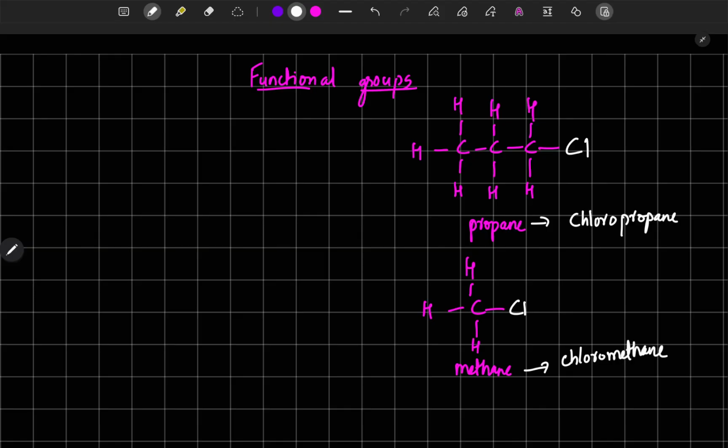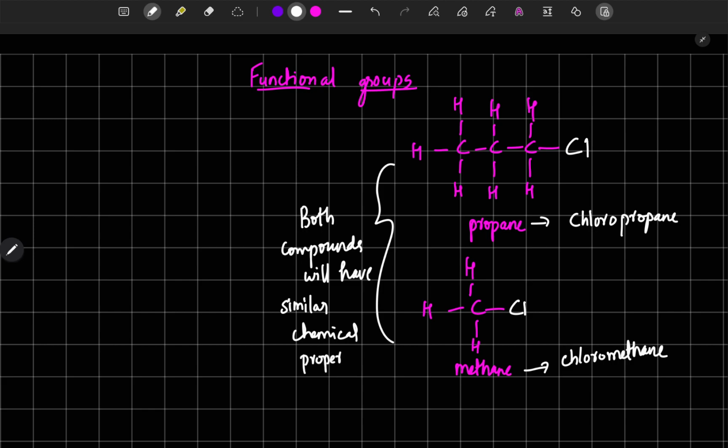So it is chloromethane. Now the speciality of these two compounds is that they will behave similarly. That means both compounds will have similar chemical properties.